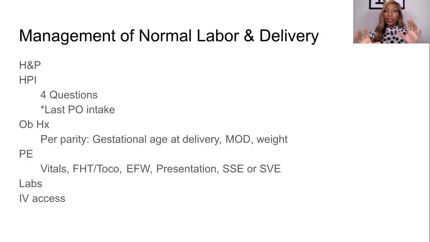So a lot of people ask the question, what does that mean? Okay. And then we also want to ask the weight of the previous pregnancies, because you want to know if a woman was able to accommodate a 10-pound baby, her pelvis was able to accommodate that. Well, if this baby is 10 pounds, she has what we call a proven pelvis.